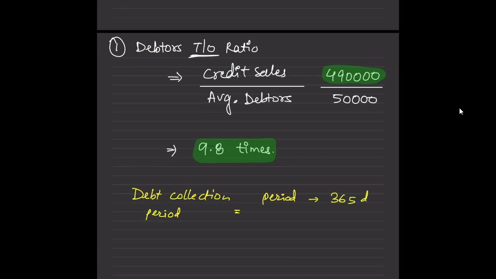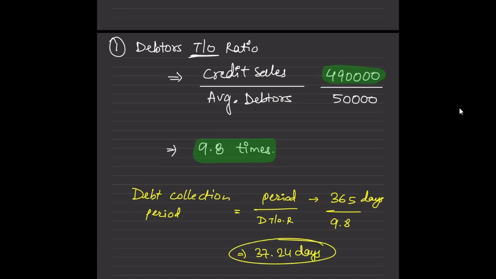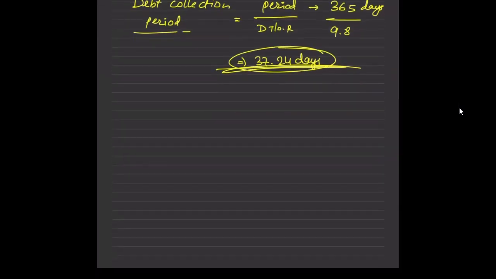So your numerator is the days divided by the debtors turnover ratio. The debtors turnover ratio was 9.8. So divide 365 by 9.8. This would give you 37.24 days. That means every debtor is paying me after 37 days. They are not paying me instantly. That is called the debt collection period. Similarly, we are going to calculate the creditors turnover ratio.